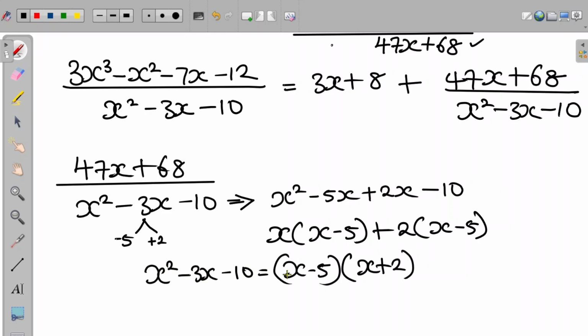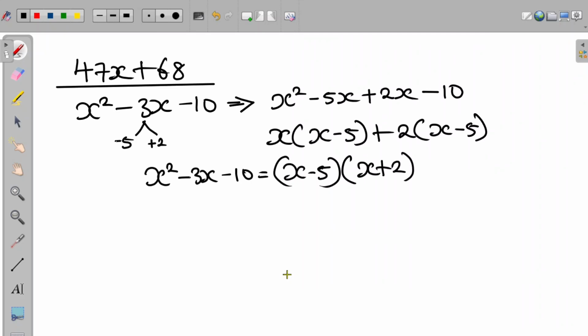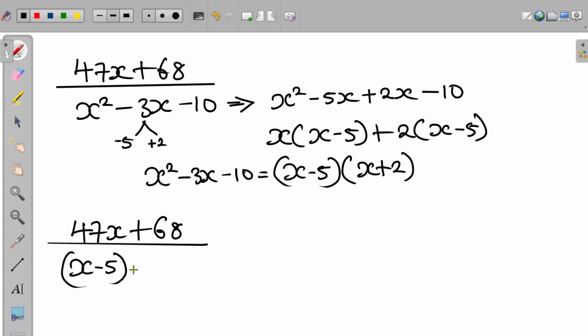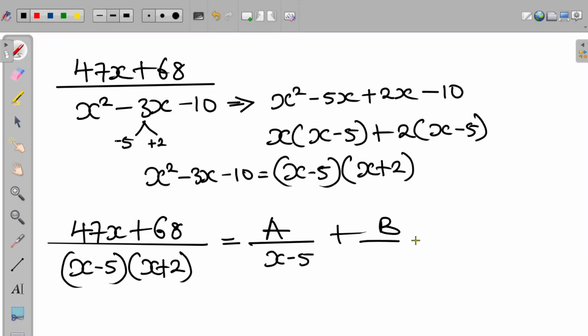Thus, the proper fraction now takes the form (47x + 68) divided by (x - 5) multiplied by (x + 2). Since we have two linear factors in the denominator, this can now be resolved as A divided by (x - 5) plus B divided by (x + 2).